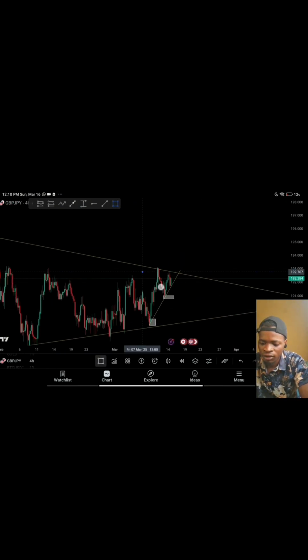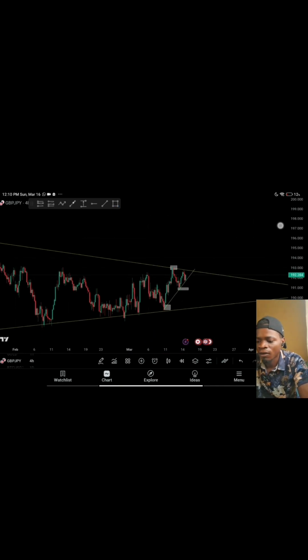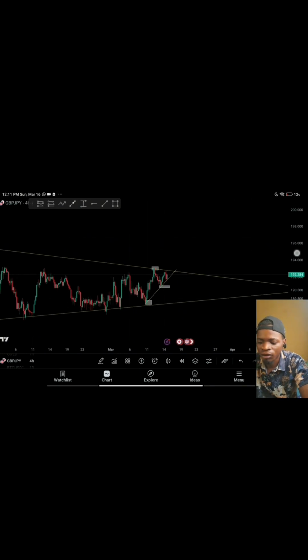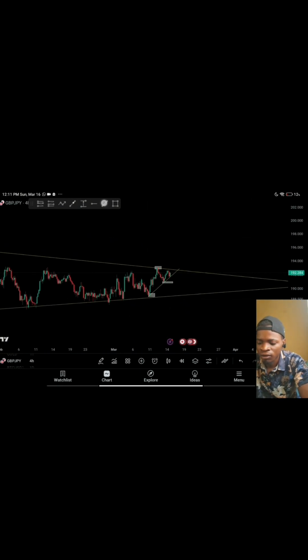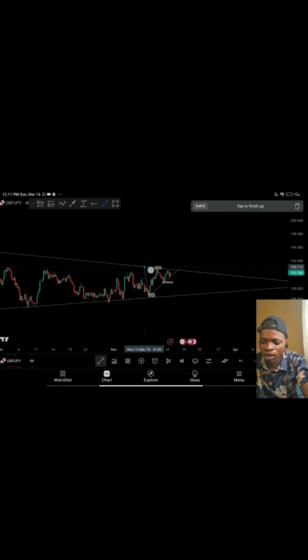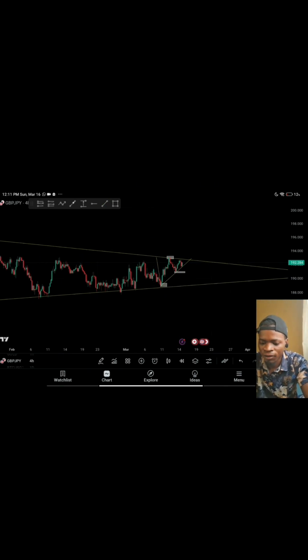The same thing happening on the 1 hour time frame is still happening on the 4 hours time frame, and you still have your triangle. Very important, you still have your triangle, guys, on the 4 hours time frame.